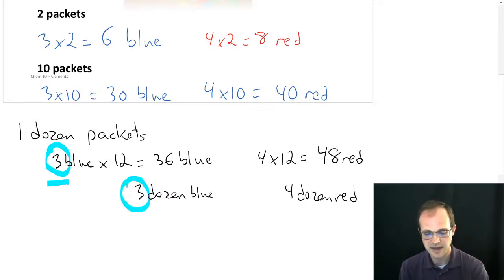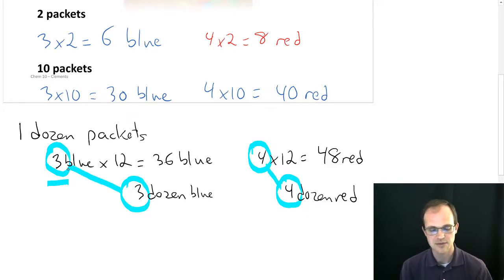When I had 1 dozen packets and there were 4 reds per packet, I ended up with 4 dozen reds. There's a correlation here between how many are in each packet and how many dozen we get. Does that extend out?